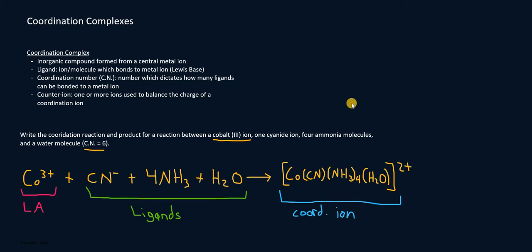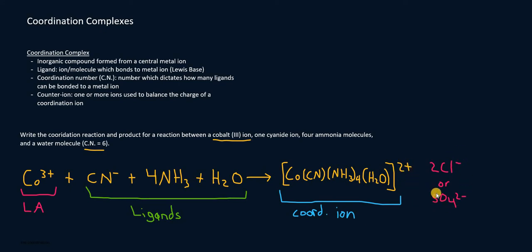So you could do, for example, 2Cl-. That would give you a -2 charge, which would balance the +2. Or you could do SO4 2-, because the sulfate ion has a -2 charge, which would balance the +2 charge.